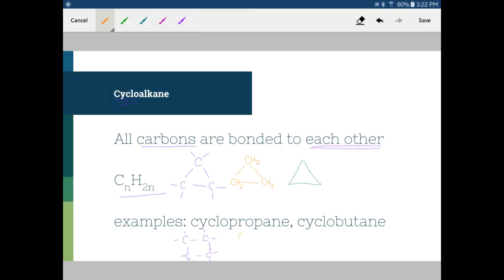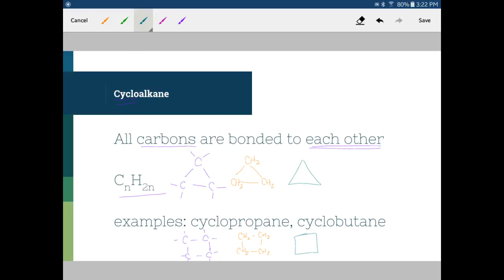Our condensed would be CH2, CH2, CH2, and CH2 all bonded in a nice little square. And our line diagram is, in fact, a square. So you can see why we like to draw more simple diagrams as we go through organic chemistry.